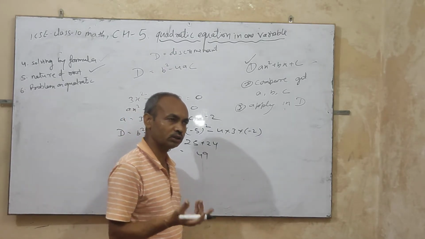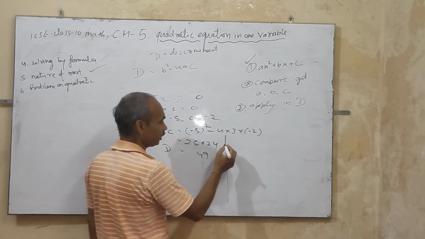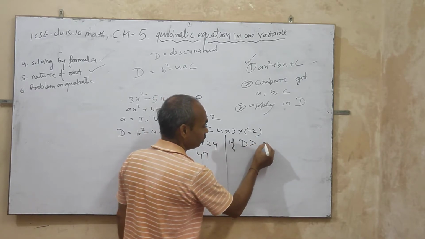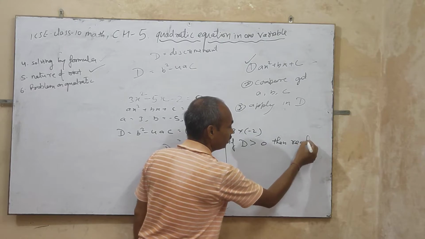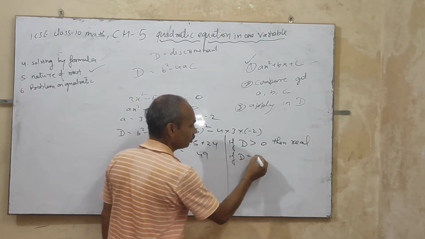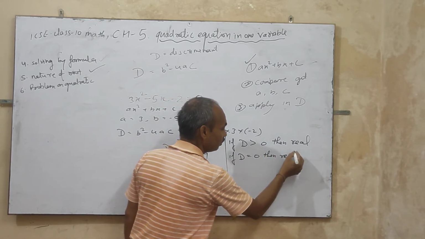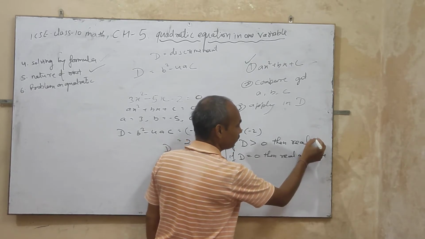Now, how can you guess the nature? If D is greater than 0, then the roots are real and different. If D is equal to 0, then the roots are real and same.